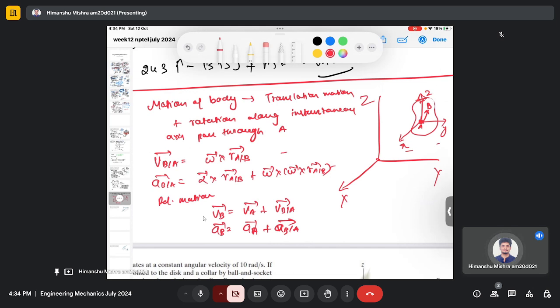So in the previous problems we actually were calculating these quantities, but now there is some random point which is B, and we need to calculate the velocity and acceleration of that point.